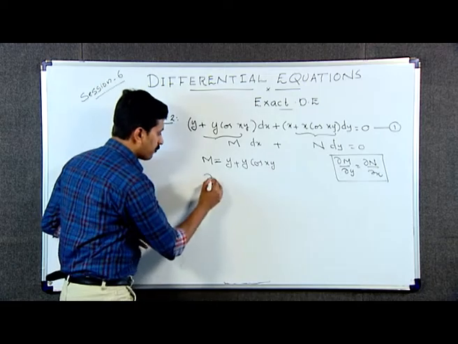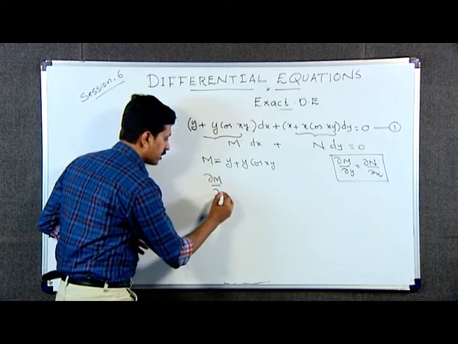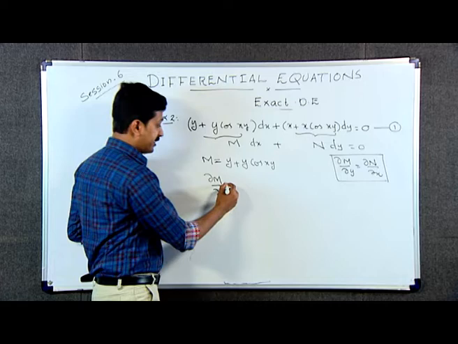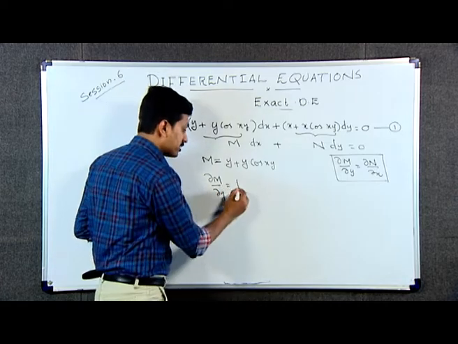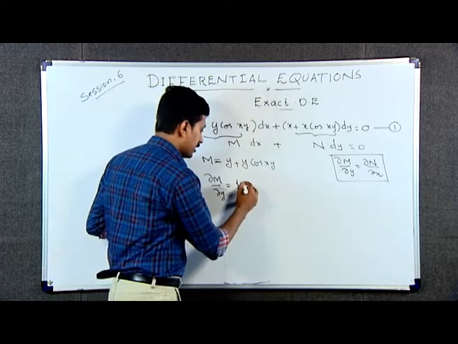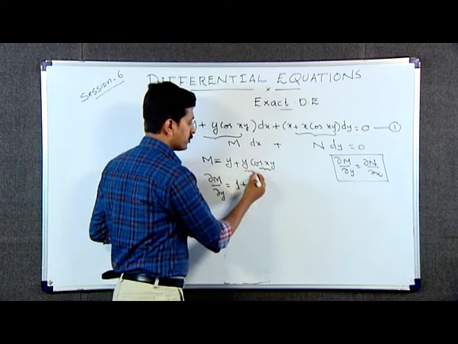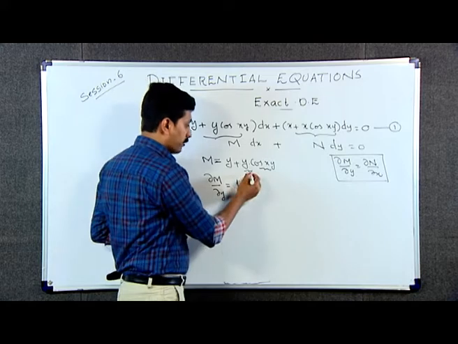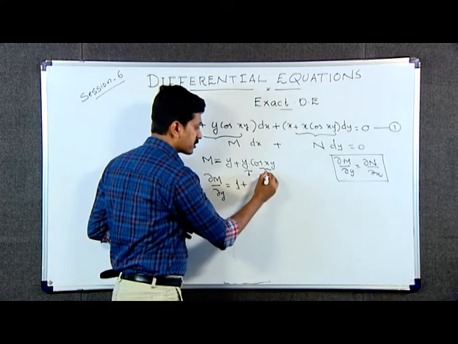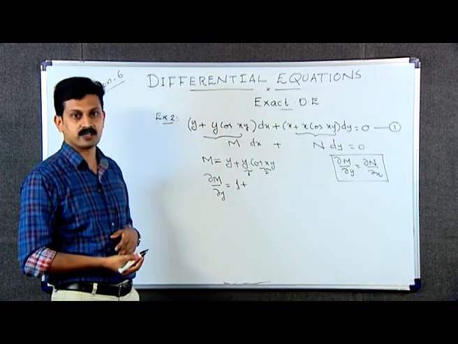So dou M by dou y is the derivative of y, which is 1, plus the derivative of y into cos xy. We have to use the product rule here. I am treating y as the first function and cos xy as the second function.